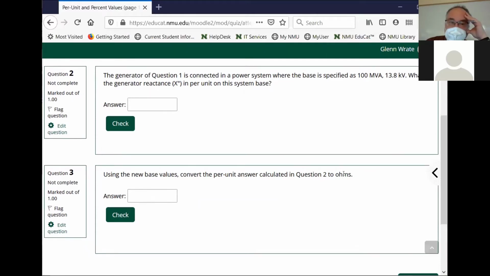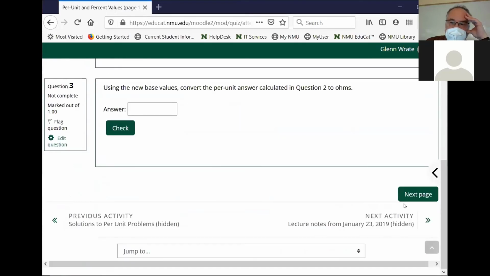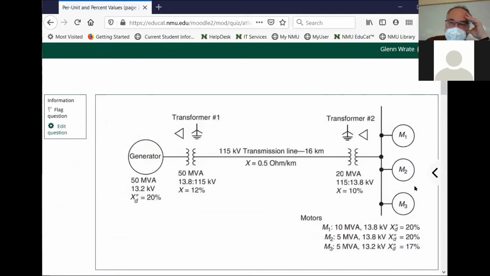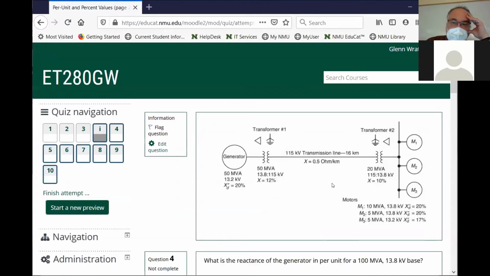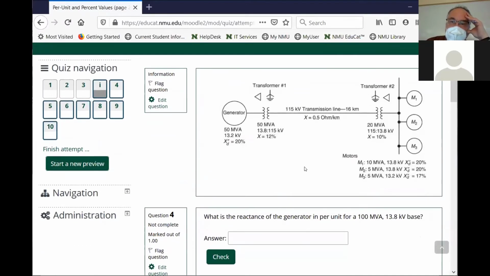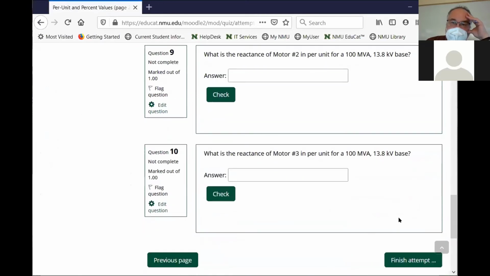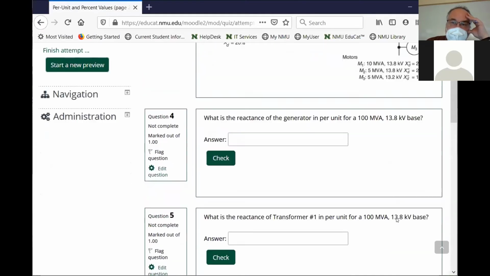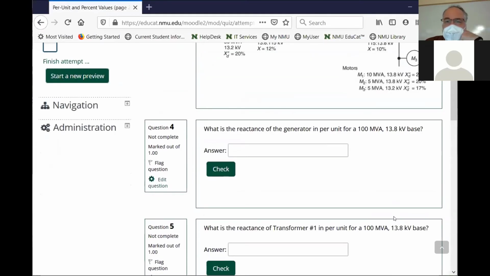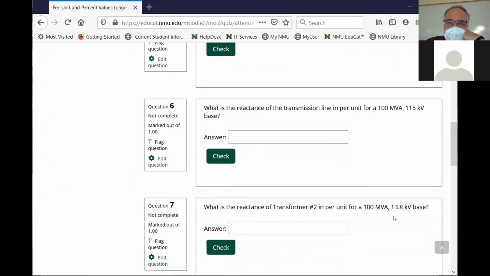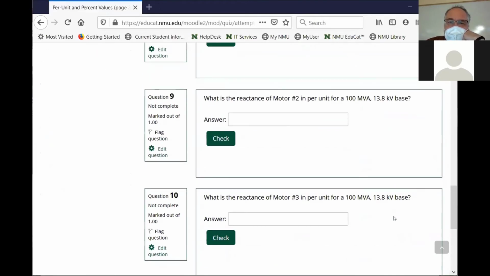Okay, so those are the first 3, and then the second 3 have to do with this picture here. And we're switching bases. So it's all the stuff we did today. There's no load on here, so it's okay that we didn't do the load.